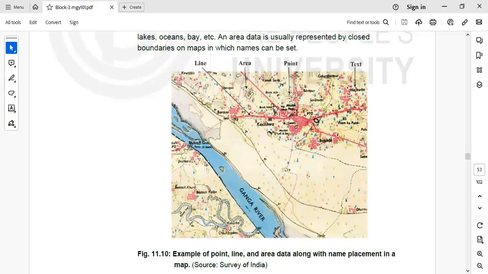We have area features, which have closed boundaries. And the text can also be considered as a feature, and it can be represented in written words.